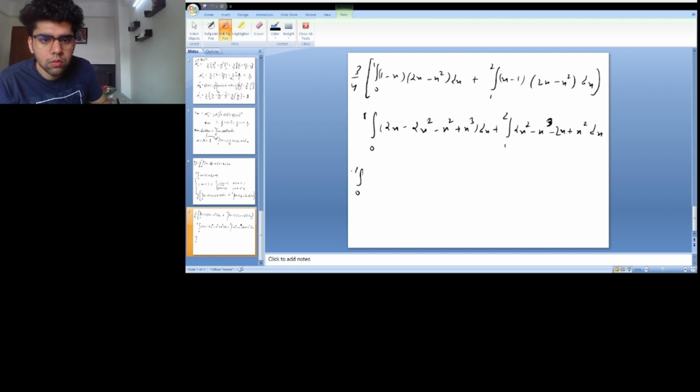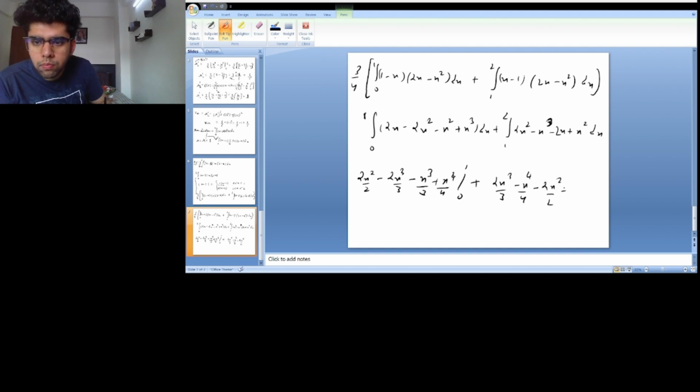0 to 1, so can I write this as 2x square by 2 minus 2x cube by 3 minus x cube by 3 plus x4 by 4, 0 to 1, plus 2x cube by 3 minus x4 by 4 minus 2x square by 2 plus x cube by 3, 1 to 2.